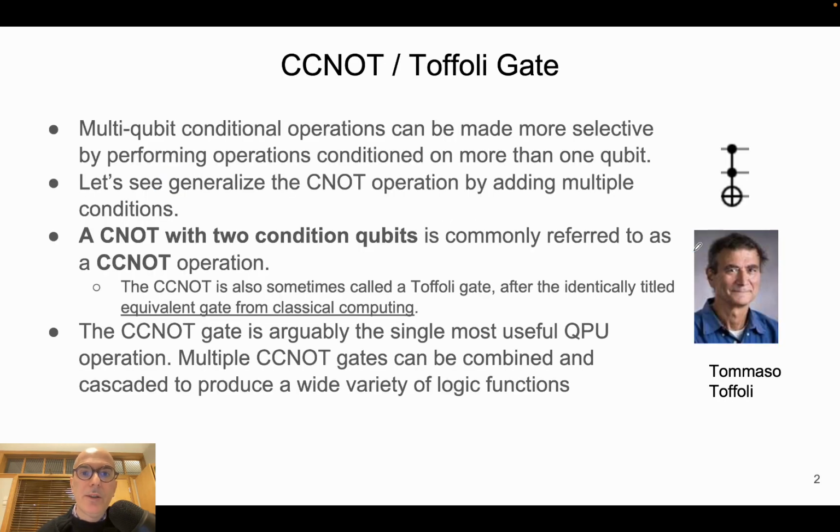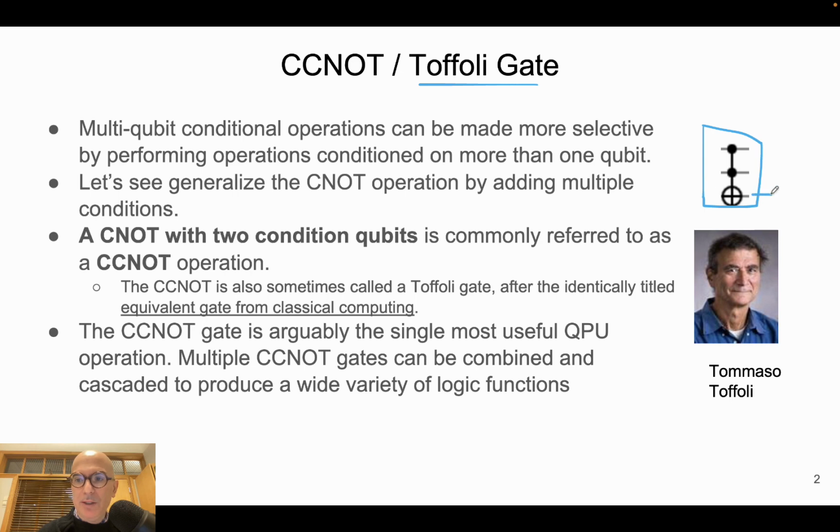So CCNOT is also called the Toffoli gate. And what is the working principle? Multi-qubit conditional operation can be made even more selective by performing the operation conditioned on more than 1 qubit. So for instance, here we have an example of the so-called CCNOT or Toffoli gate.